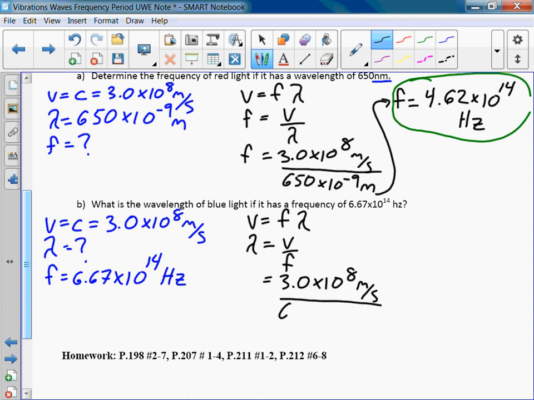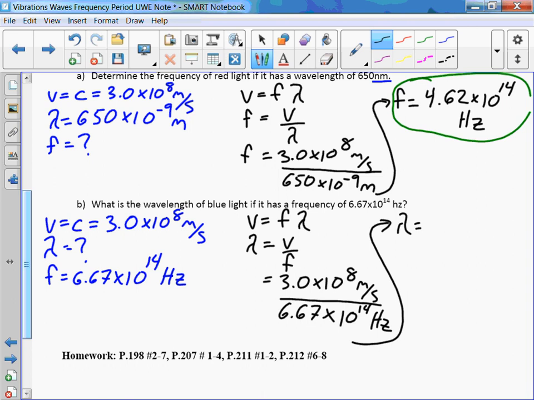Frequency is 6.67 times 10 to the 14 hertz. So we end up with wavelength equals 3 times 10 to the 8 divided by 6.67 times 10 to the 14. So I get 4.49 times 10 to the negative 7 meters, which can be expressed as 449 nanometers. If I just move the decimal over 2 places, then I get times 10 to the negative 9.